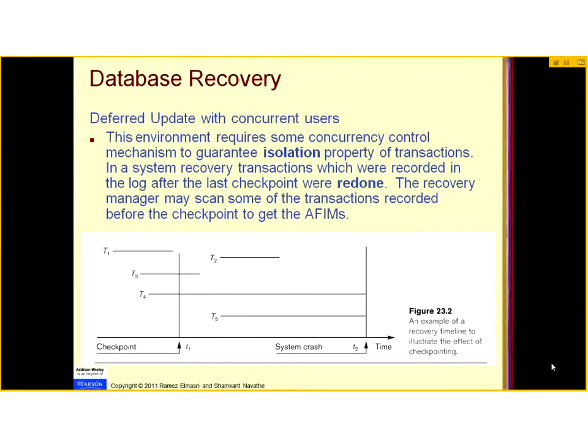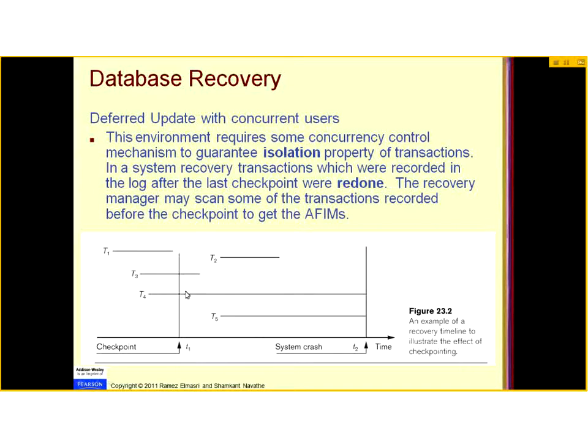Now this is an example of the recovery timeline to illustrate the effect of checkpointing. You can see here that time is moving in this direction. Transaction 1 is executing, and meanwhile transactions 3 and 4 have started. So you have maintained a checkpoint over here, and after some time, at time T2, the system crashes.